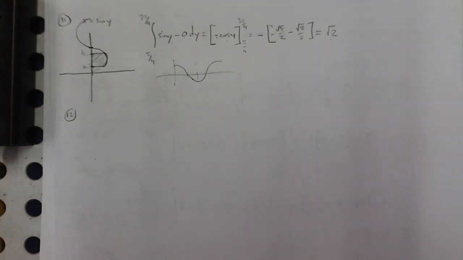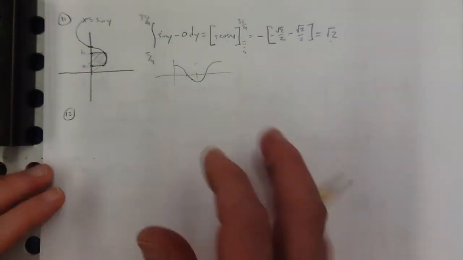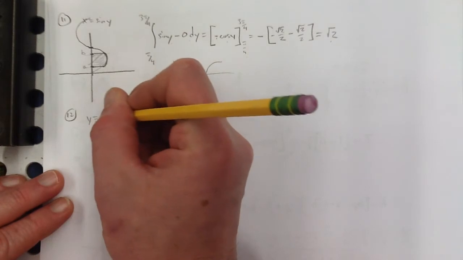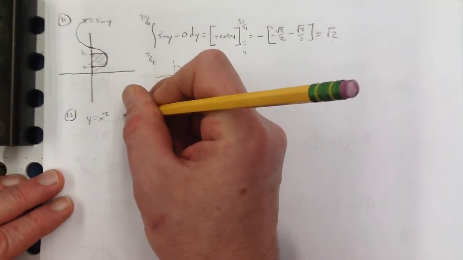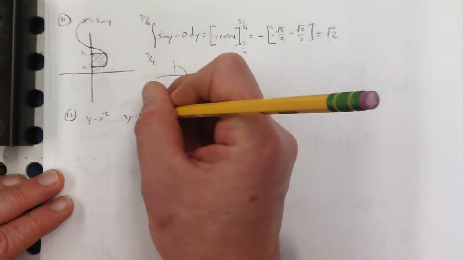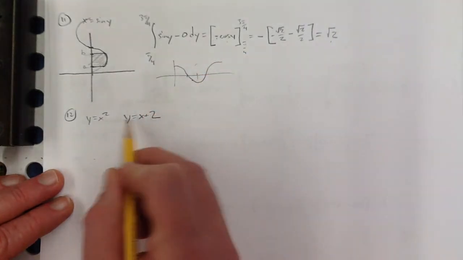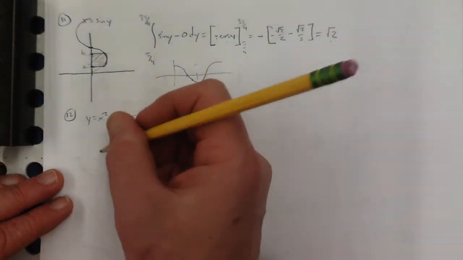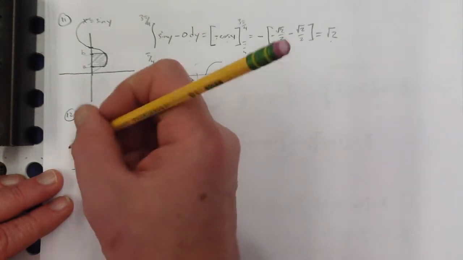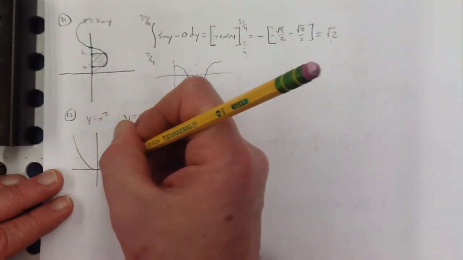Like number 12, x squared equals y and x equals y minus 2. Okay, it's kind of weird that they gave those in. I'm going to write them like this: y equals x squared and y equals x plus 2. I'm just going to rearrange that one, add the 2 to the other side, and make a sketch.